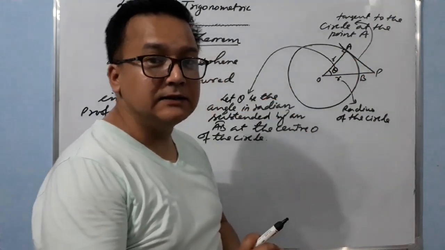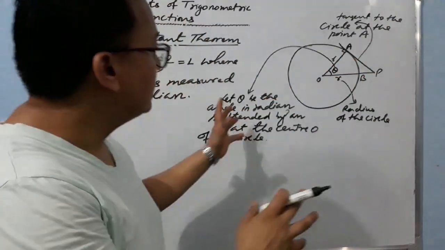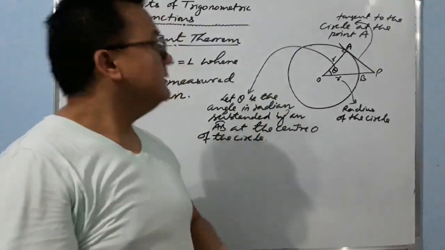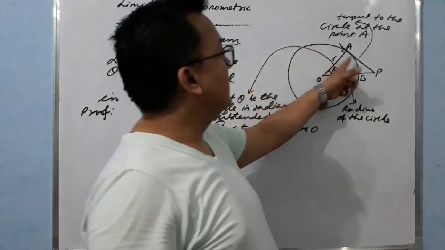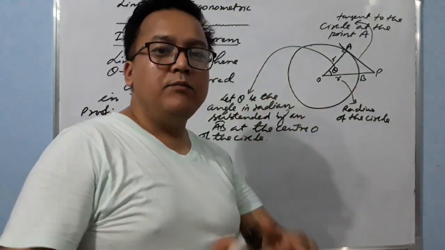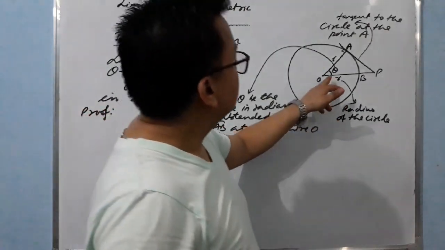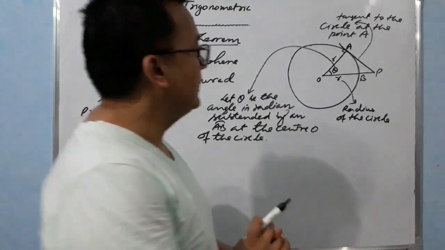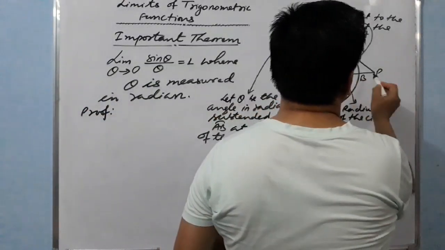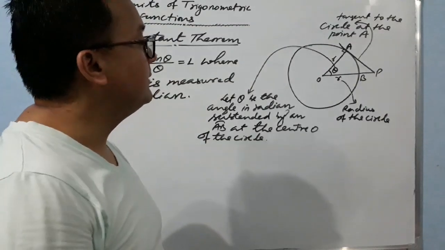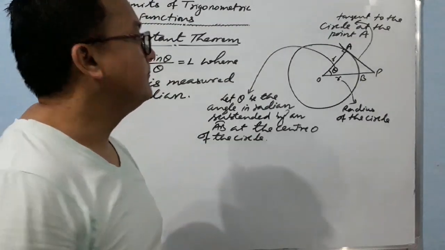You can combine all these in the description of this figure: let AP be the tangent to the circle at point A, which meets line OB produced at point P. We have extended line OB to point P.